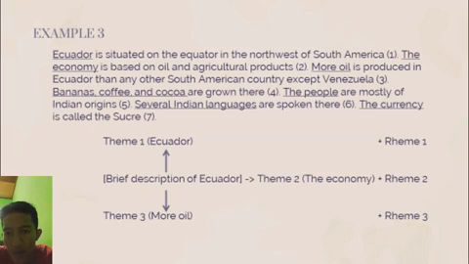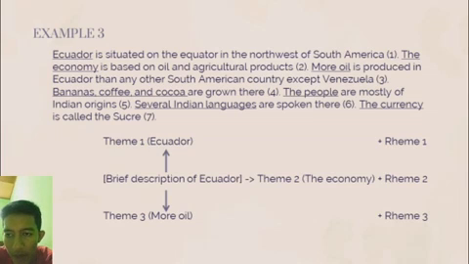More oil is produced in Ecuador than any other South American country, except Venezuela. Bananas, coffee, and cocoa are grown there. The people are mostly of Indian origins. Several Indian languages are spoken there. The currency is called the sucre.